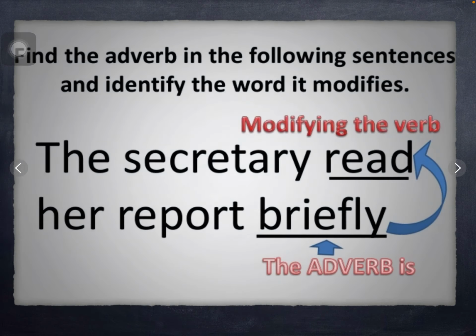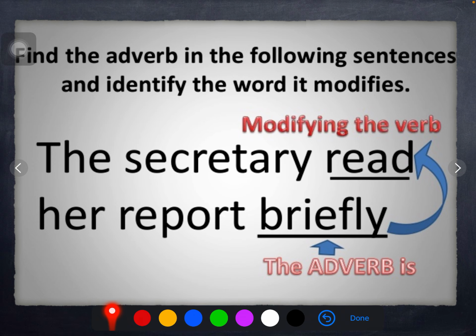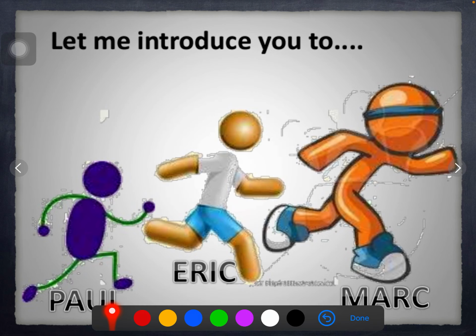So briefly, this word, is the adverb because it describes the verb read. And read is a verb, and I told you any word that describes the verb will be an adverb. So the adverb is briefly, and also it ends with ly.